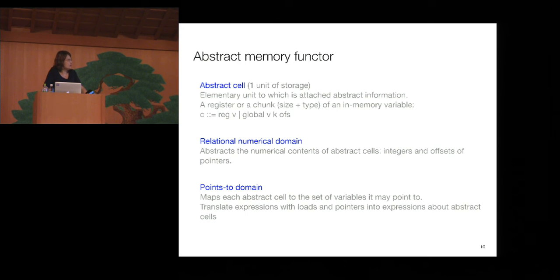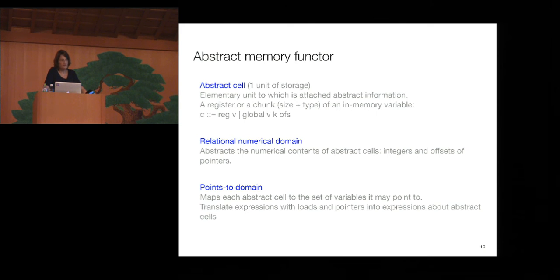And we also have pointer arithmetic in C. To model pointer arithmetic in our abstract memory Functor, we design a points-to abstract domain that maps each abstract cell to the set of the variables it may point to. And this points-to domain needs to perform some conversions.